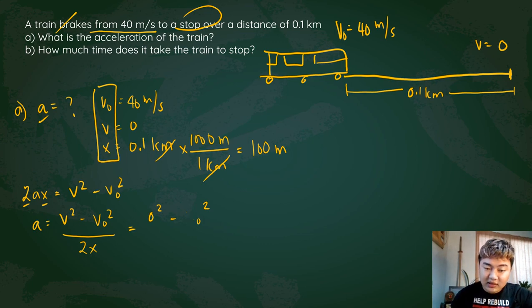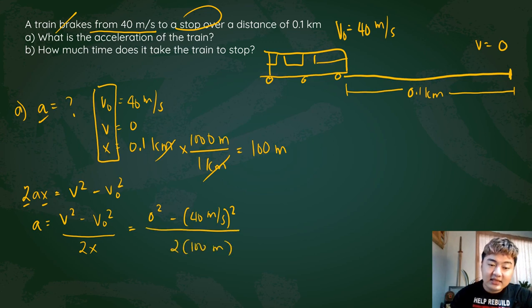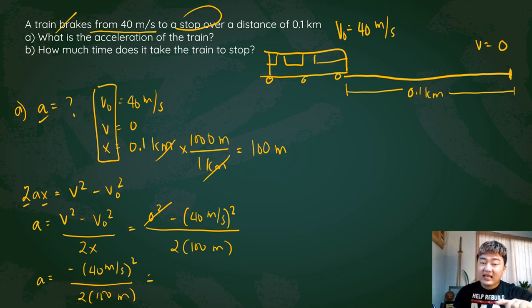Let's substitute, that's 40 meters per second. Then you square that over 2 times 100 meters. Now, since that is 0, then your acceleration will just be negative 40 meters per second squared over 2 times 100 meters. So let's key that in on your calculator.